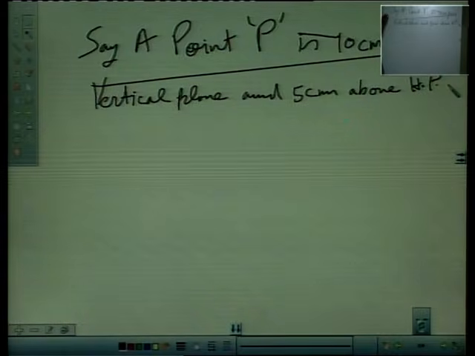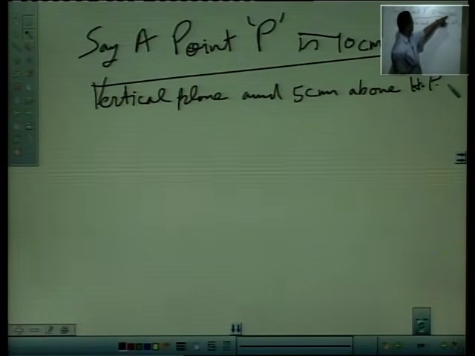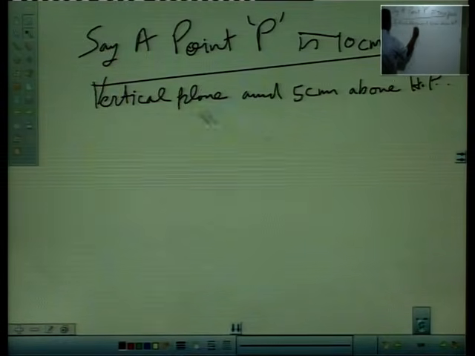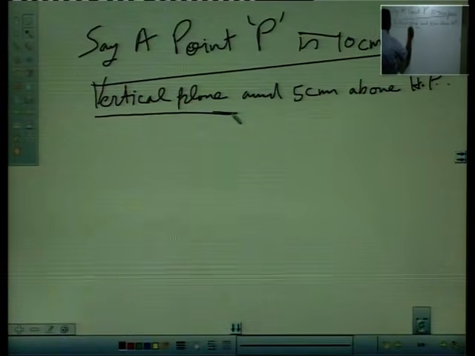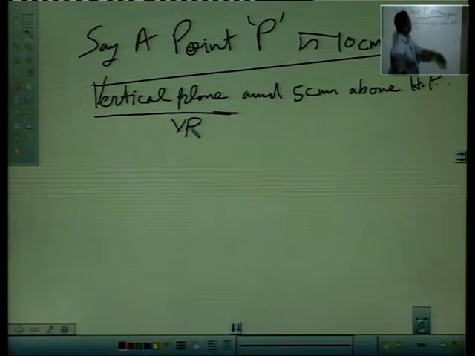So, in this statement we have a point P 10 centimeter in front of vertical plane, or VP, and 5 centimeter above horizontal plane.